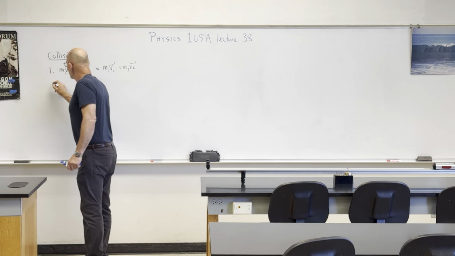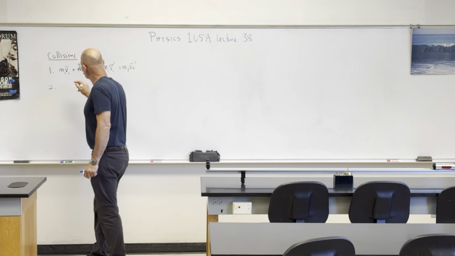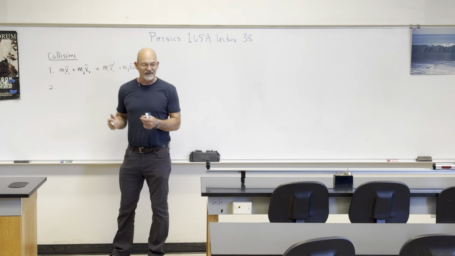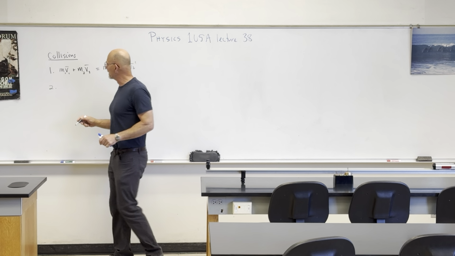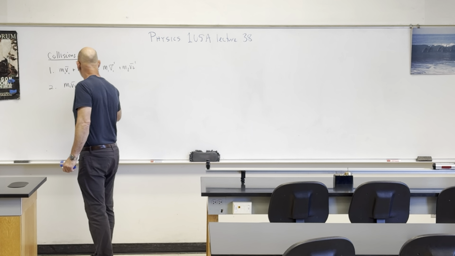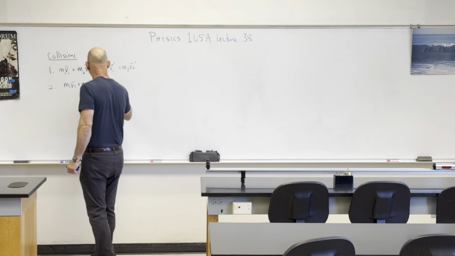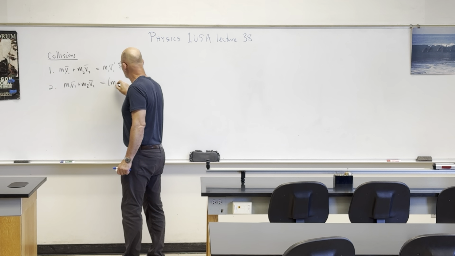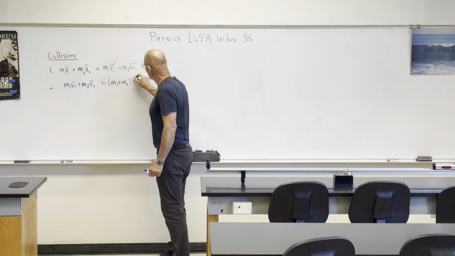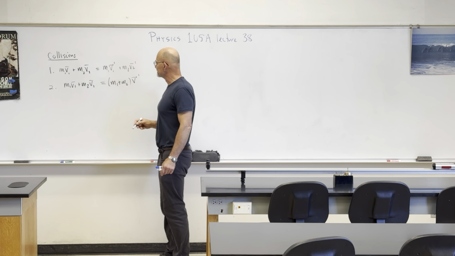Then we're going to go to this fundamental, interesting case where they collide and stick together. I'm going to show you that in a minute here. If they collide and stick together, then you account for that by saying the mass is now combined and they're moving together with their common final velocity.